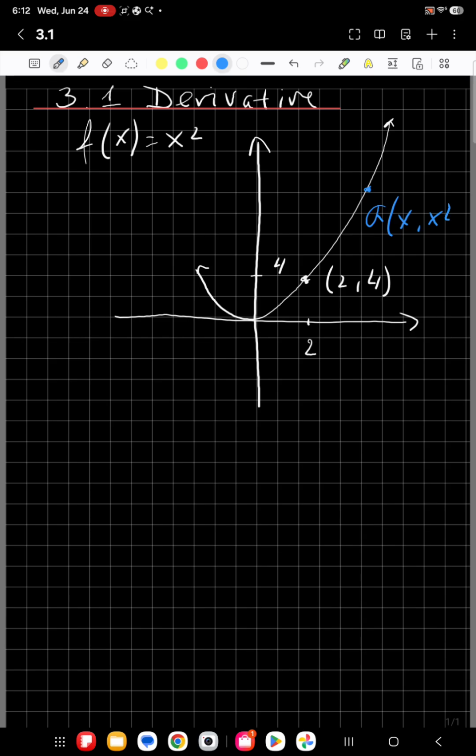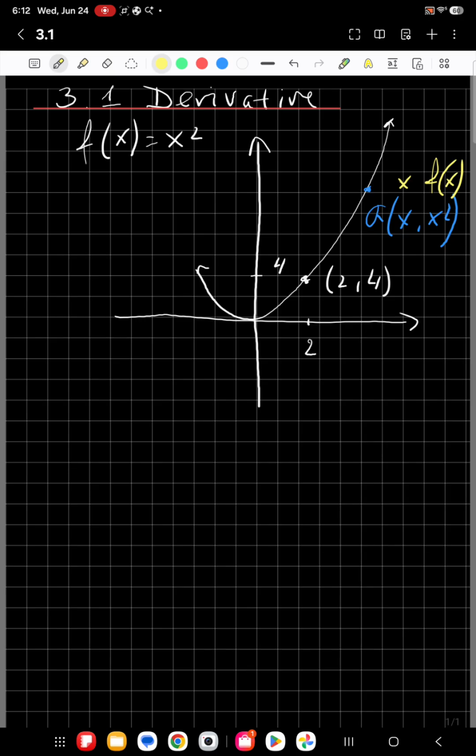So this is x, and y, or we could call it f of x. That's where this x squared came from.